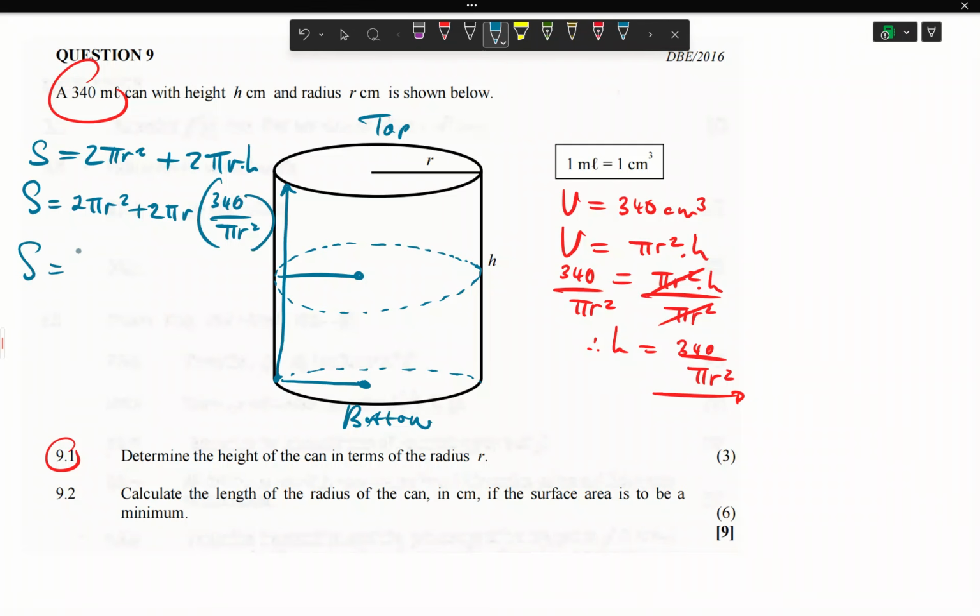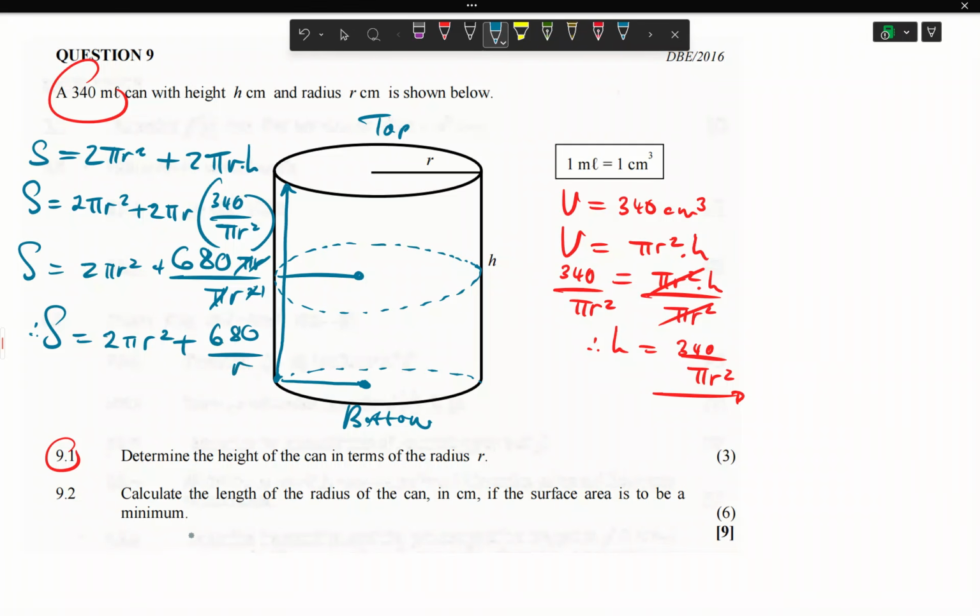So now the surface area would be 2 pi r squared plus, 2 times 3 is 6, and 2 times 4 is 8, that's 680 pi r all over pi r squared. So the pi and the pi, and the r and one r at the bottom cancel. Therefore the surface area would be 2 pi r squared plus 680 all over r.